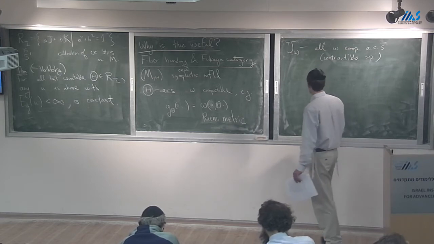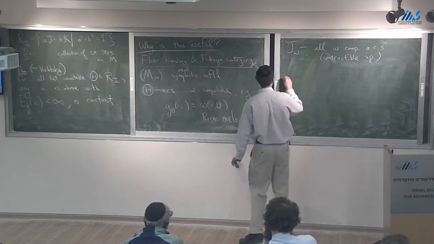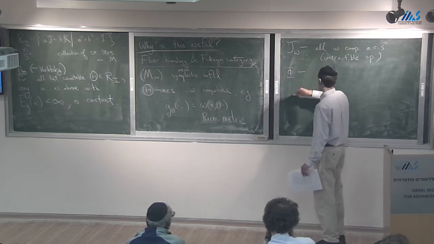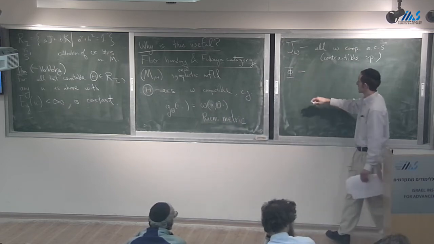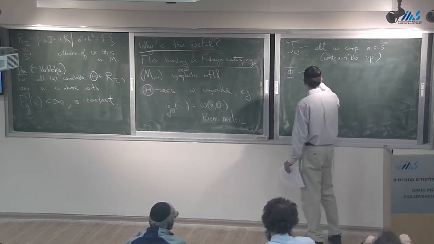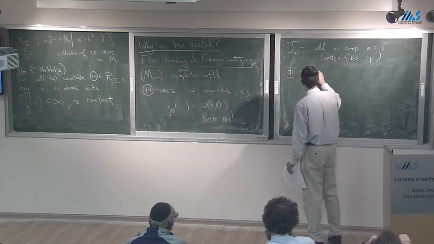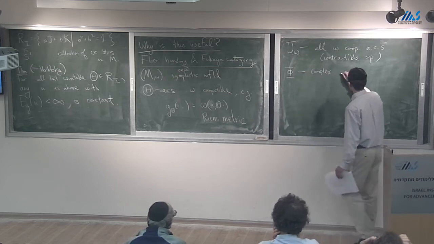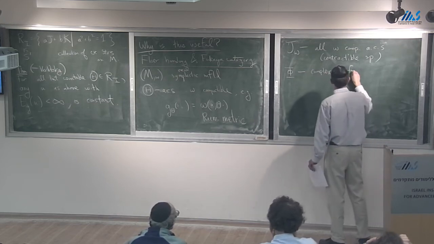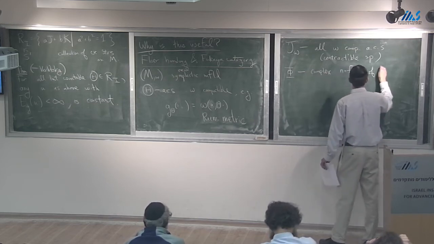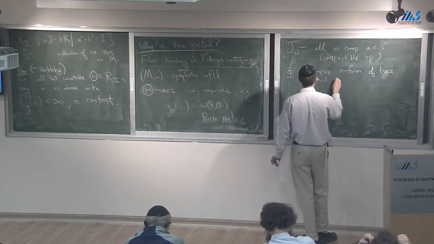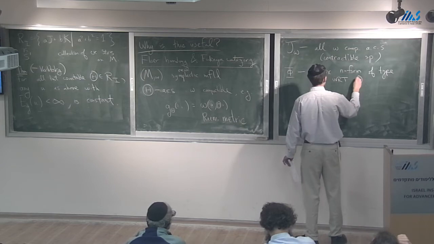Then we're going to assume there exists, and we're going to fix, some phi, which is going to be a complex valued differential form of type (n,0) with respect to theta.